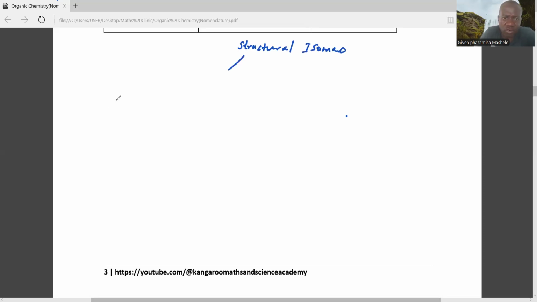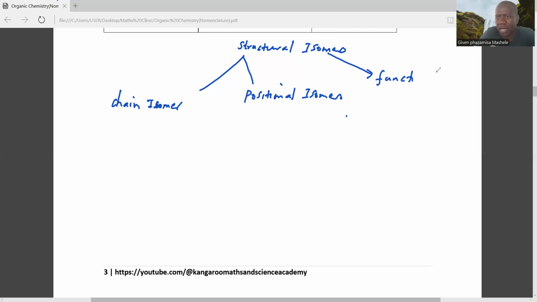Namely, the first one is called a chain isomer. The second one is called the positional isomer. Then the last one is called the functional isomer. Right. Let's differentiate between these 3 types of isomers.